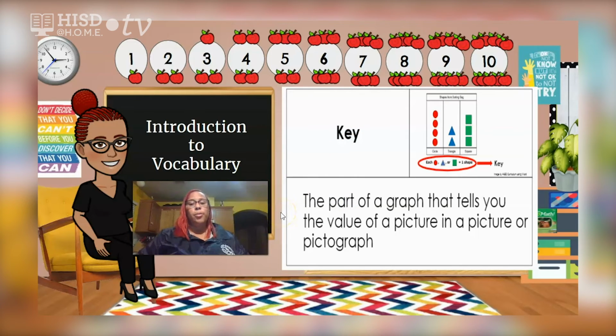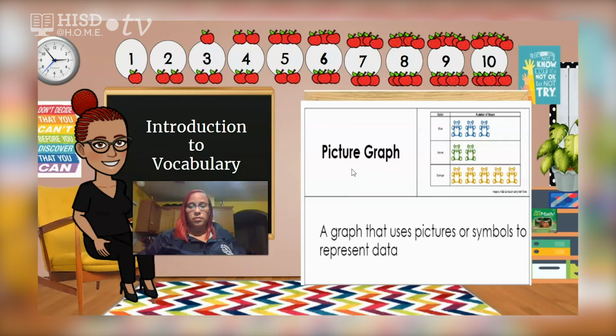A key is the part of a graph that tells you the value of the picture in a picture graph or pictograph. A picture graph is a graph that uses pictures or symbols to represent data. And that is just some of the words you might hear in today's lesson.